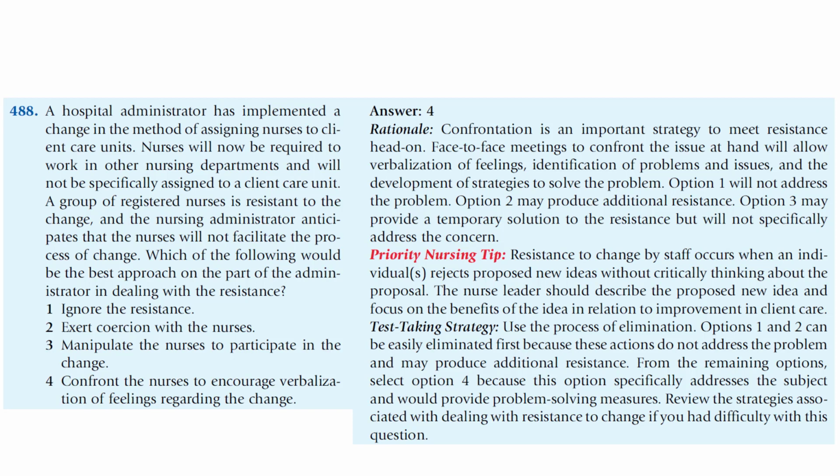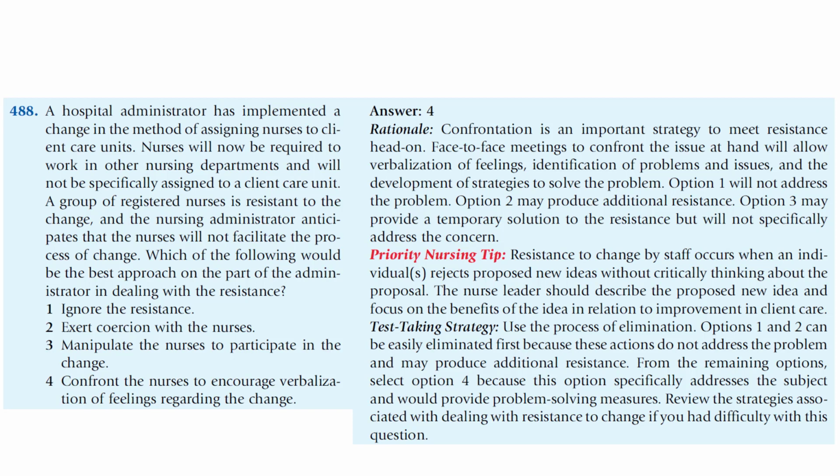1. Ignore the resistance. 2. Exert coercion with the nurses. 3. Manipulate the nurses to participate in the change. 4. Confront the nurses to encourage verbalization of feelings regarding the change. Answer 4. Rationale. Confrontation is an important strategy to meet resistance head-on.